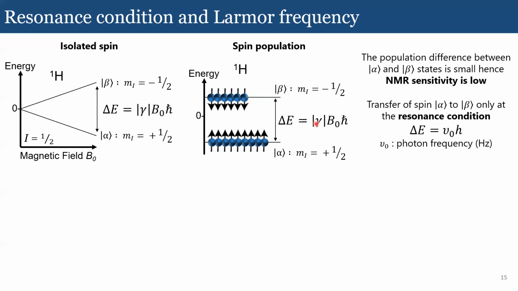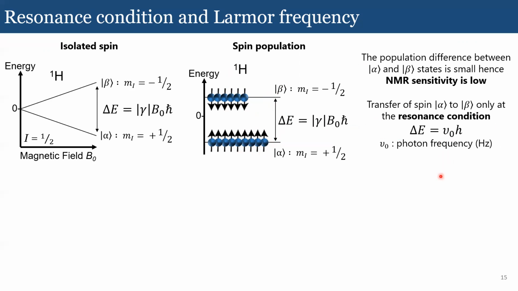That photon needs to be at the right energy so that the transfer is done, and the energy needs to match the resonant condition, and that's why resonance is in the name of NMR.